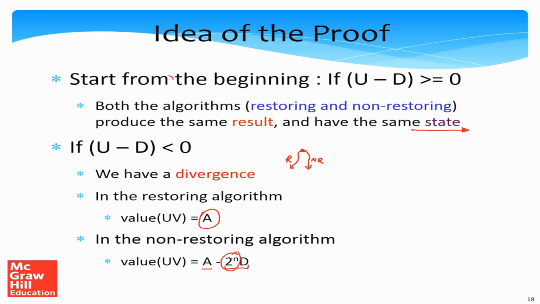Where is this coming from? In our UV register, if I consider the divisor, it is aligned from the beginning of the V register, where all the temporary quotient bits are 0. This is, in a sense, left shifted by n positions. That's the reason 2 to the power n comes.